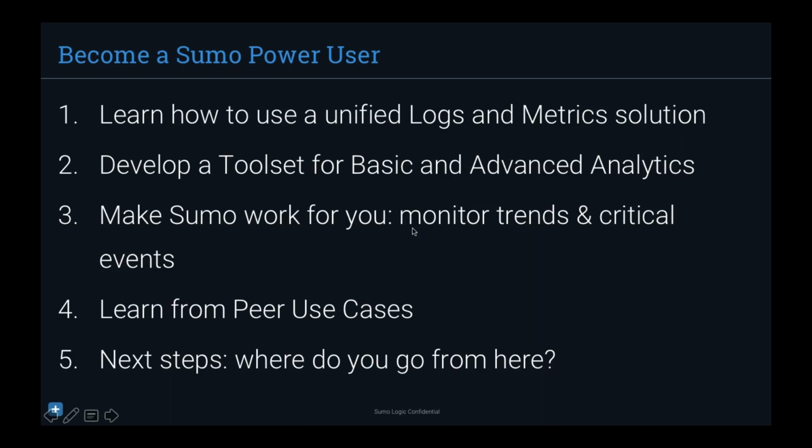We're going to talk about monitoring trends and critical events, so dashboards and alerts. In specific, we're going to talk about creating meaningful alerts, not just alerts, but alerts that actually get rid of all those false positives. With a little bit of time, we'll talk a little bit about some use cases that are out there, how to use our community, and what else is available to you guys.